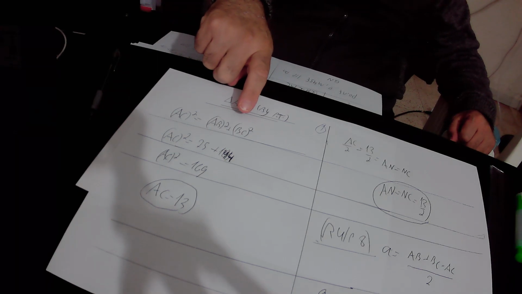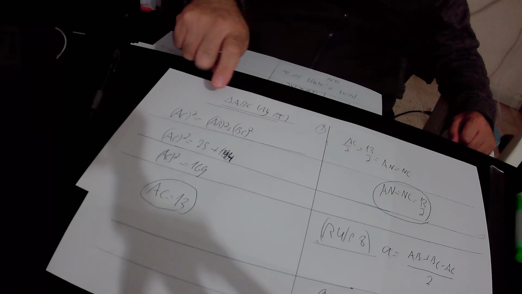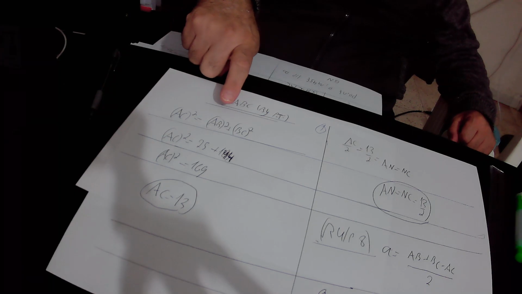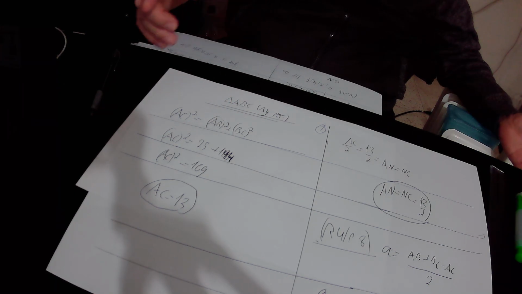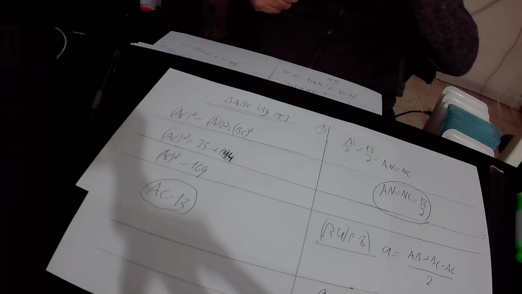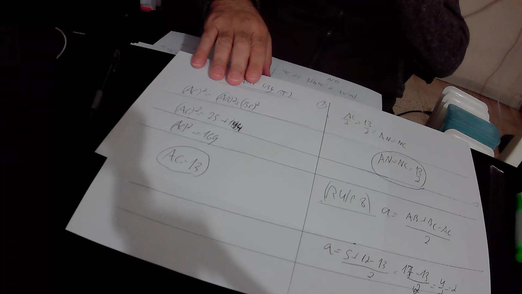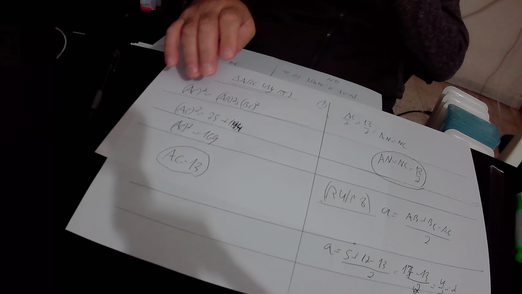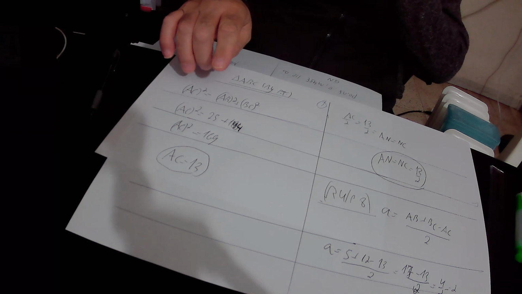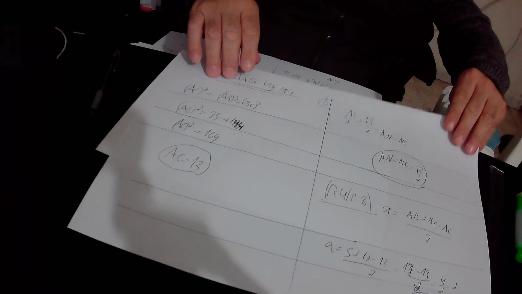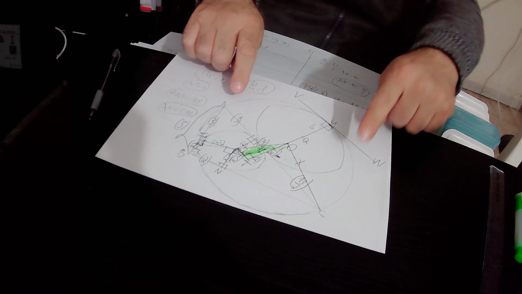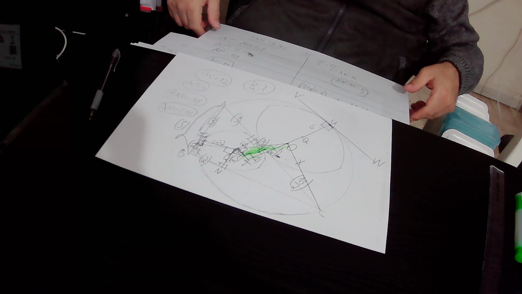BC is 12, therefore BC squared is 144. 25 plus 144 is 169, so AC squared equals 169. We took the root and found that AC equals the square root of 169, that is 13. That is to say, the hypotenuse of this right triangle AC equals 13 units.